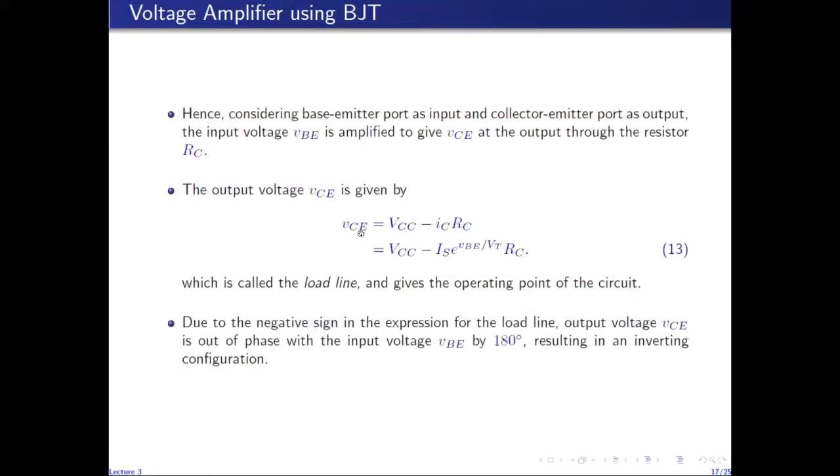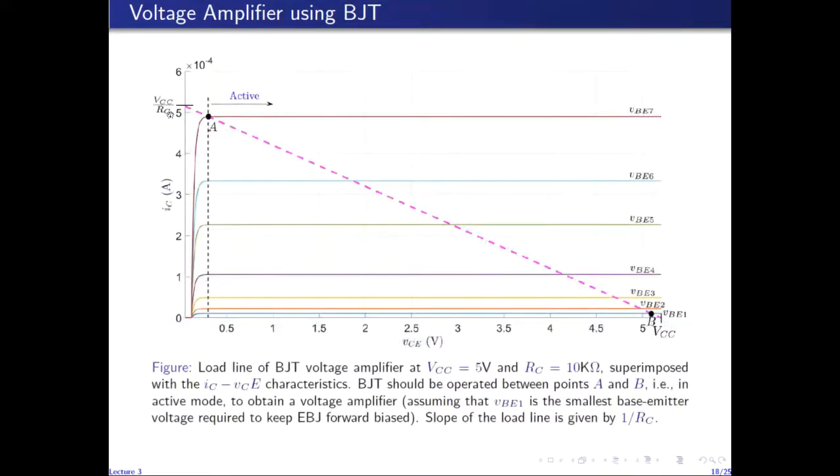Similarly, when VCE is 0, IC is equal to VCC over RC. So that is this point. So the operational voltages and currents will always be on this line between these two extremes.